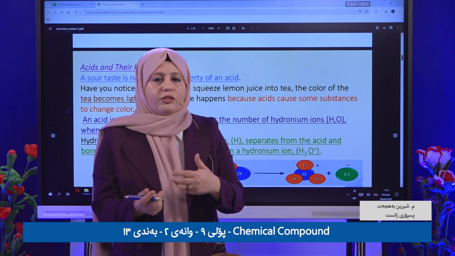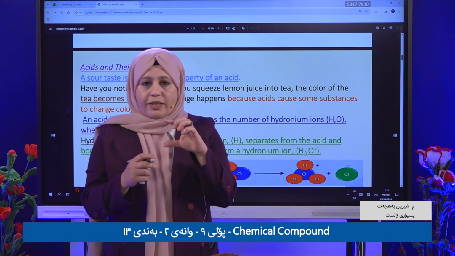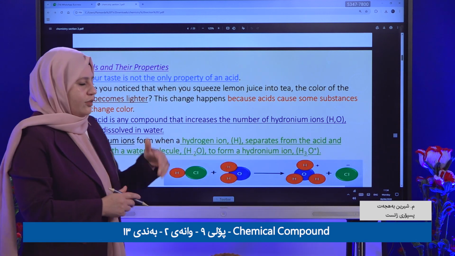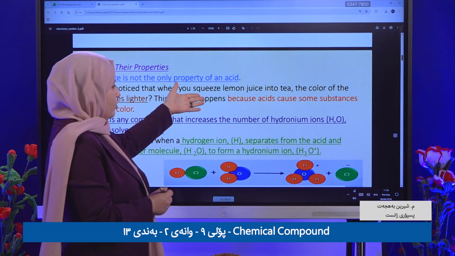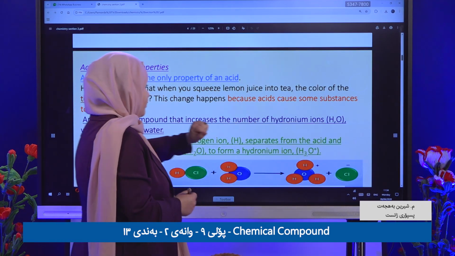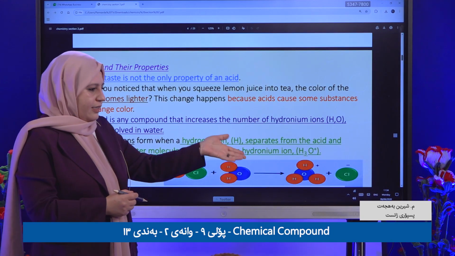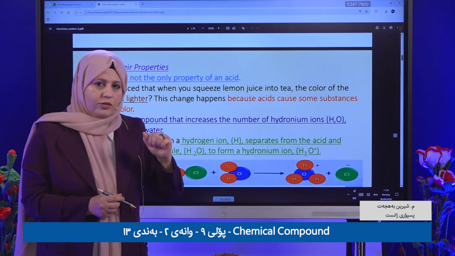Does it change or not? Of course, it changes. The color becomes lighter. Why? Because of the acid. Clear? The color changing means you put an acid into the liquid.